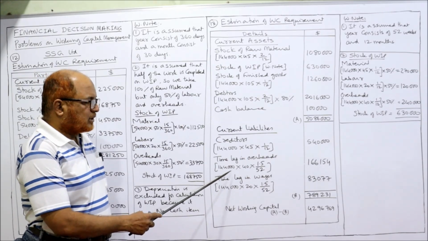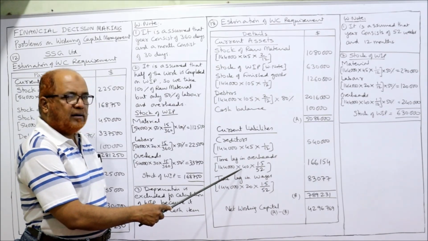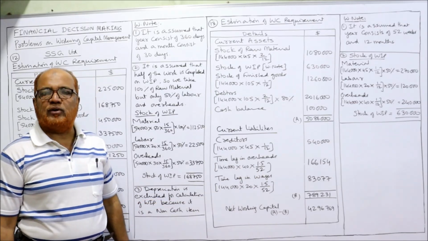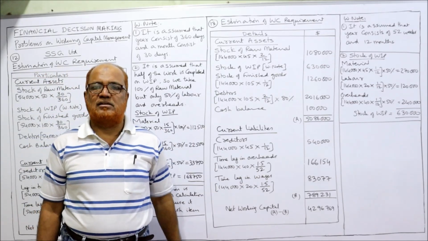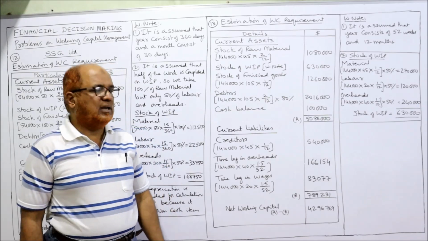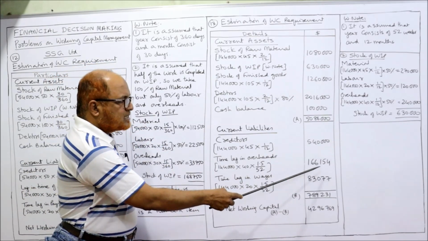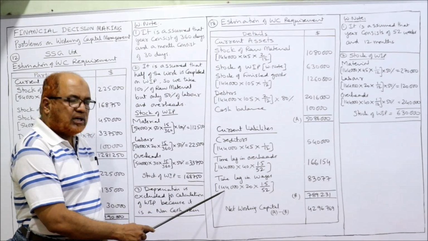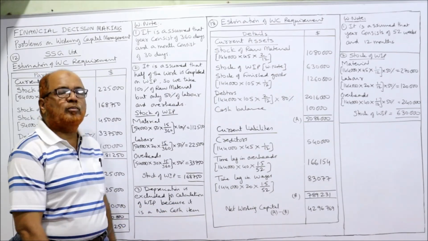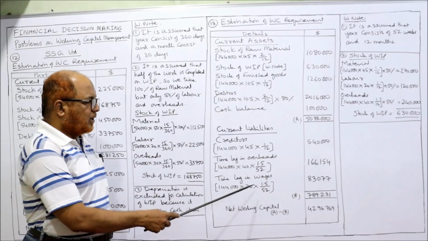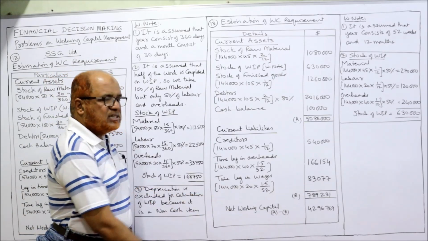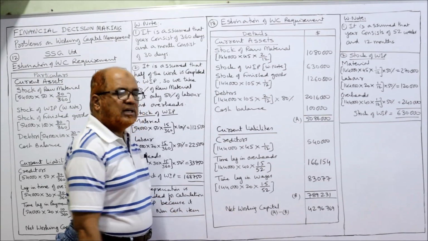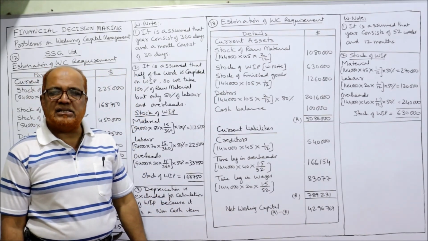So 1,44,000 into 40 rupees overhead per unit into 1.5 by 52. You'll get 1,66,154. Similarly, time lag in wages, 1,44,000 units into 20 rupees per unit of labor into 1.5 by 52, 83,077. Take the total, 7,89,231 is the total of current liabilities.